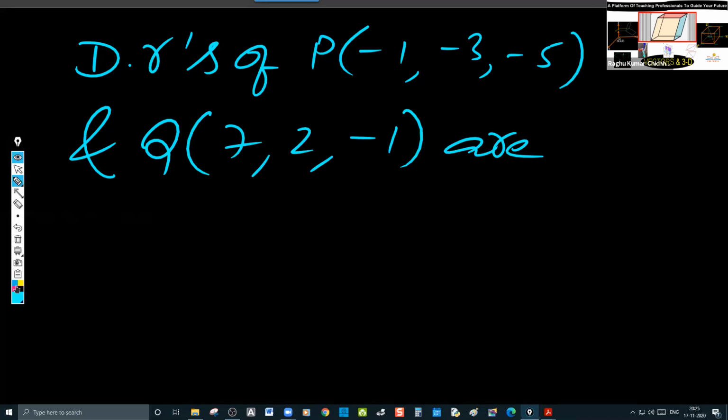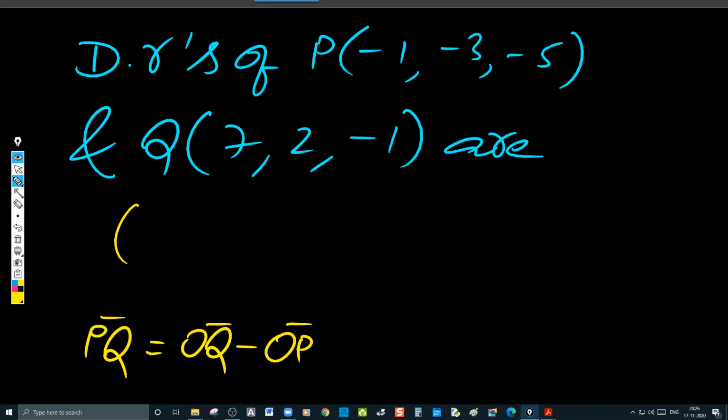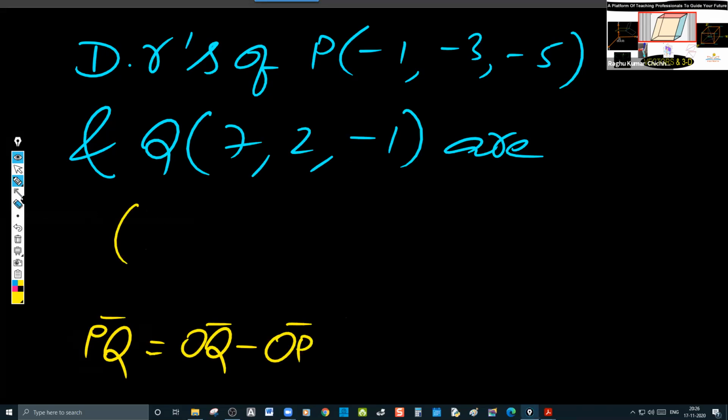Any one of you, tell me what is PQ bar in vector algebra with respect to position vectors? OQ bar minus OP bar. That's it. It is very much similar.